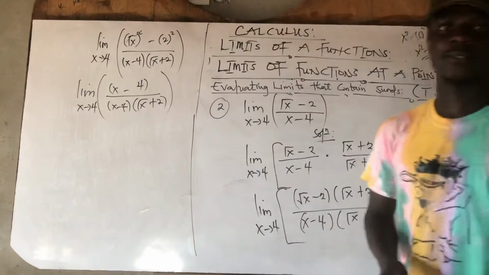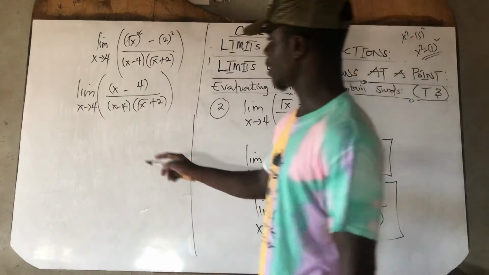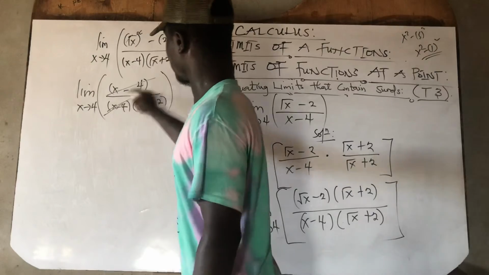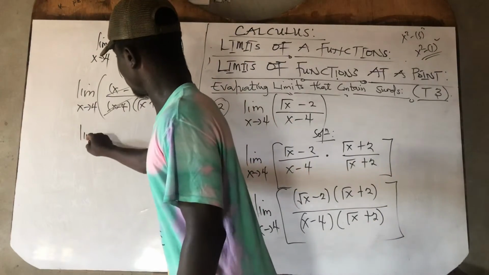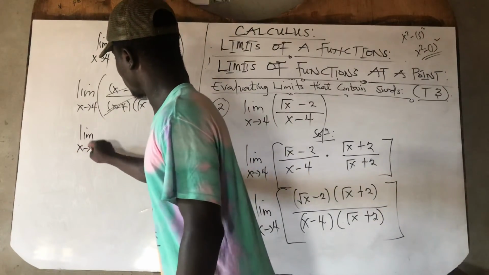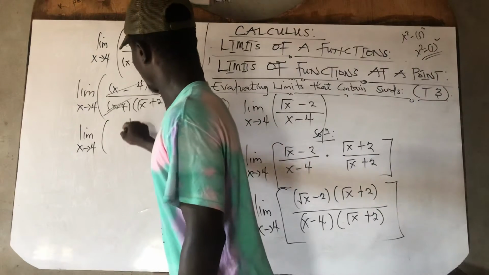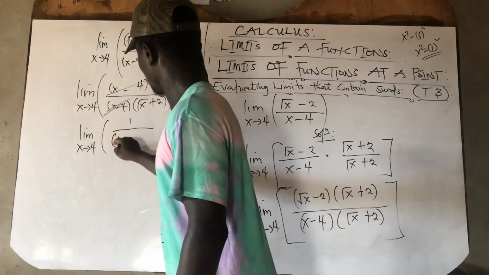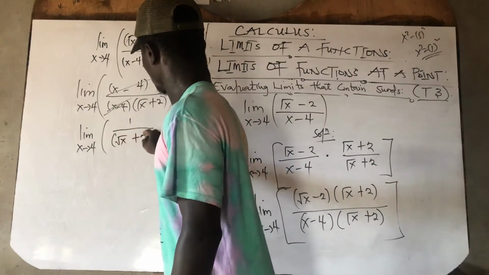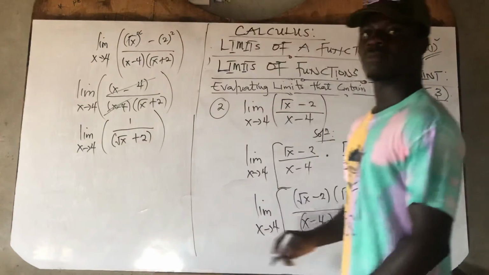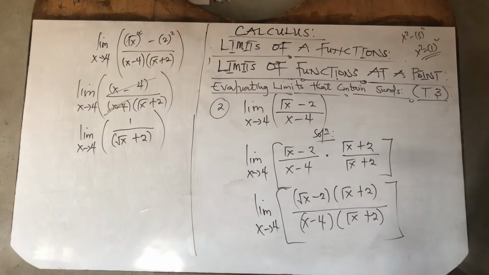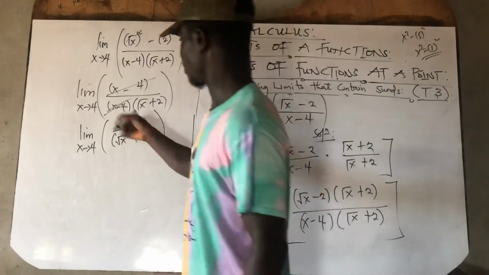So I have this. Right. So we can see that this one can take care of that. So I'll get the limit as x approaches 4 of 1 all on square root of x plus what? 2. Right. So we can take it as that.